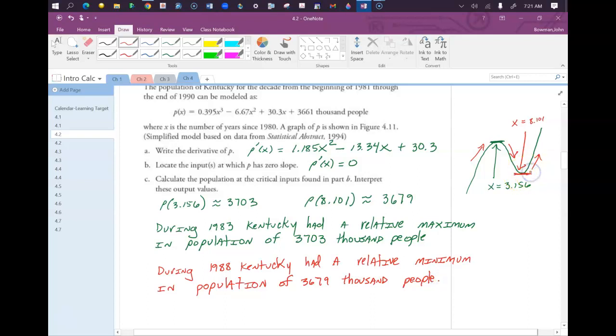Again, the derivative is 0 there, but the derivative was changing from negative to positive. We moved from left to right. We're going to talk more about whether or not those are absolute maximums or minimums in the next section.